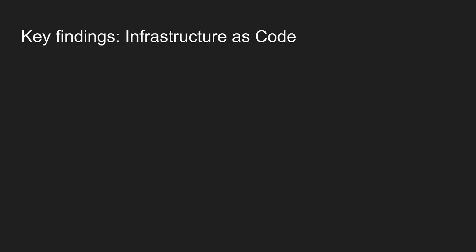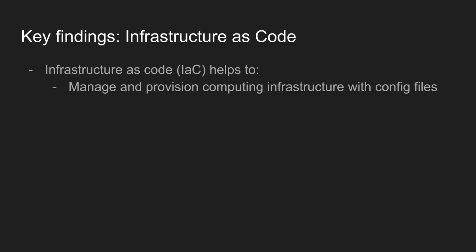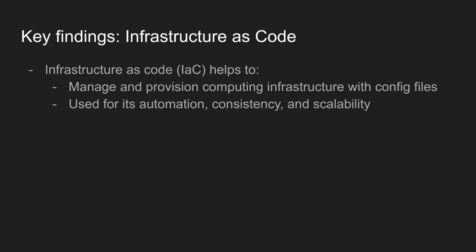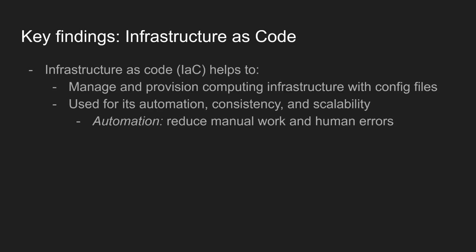Okay, so let's start off with some key findings on infrastructure as code. So infrastructure as code helps to provision and manage any computing infrastructure with configuration files. IaC is often also used for its automation, consistency, and scalability capacities. So in automation, it helps to reduce manual work and any human errors.